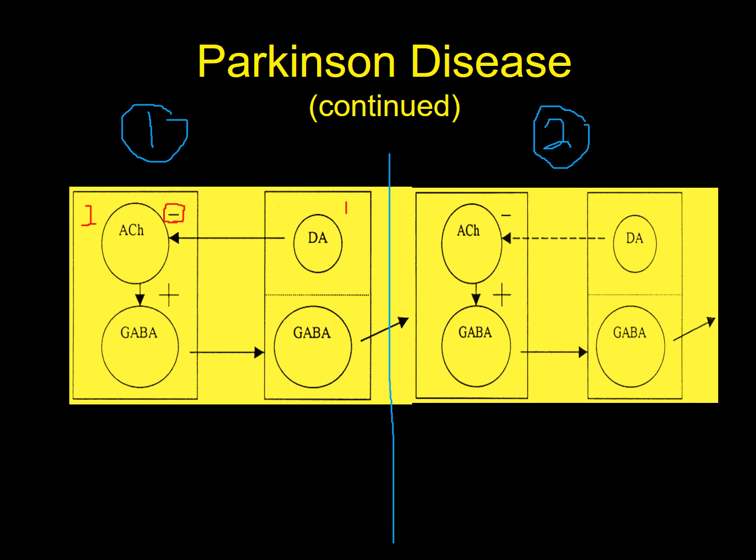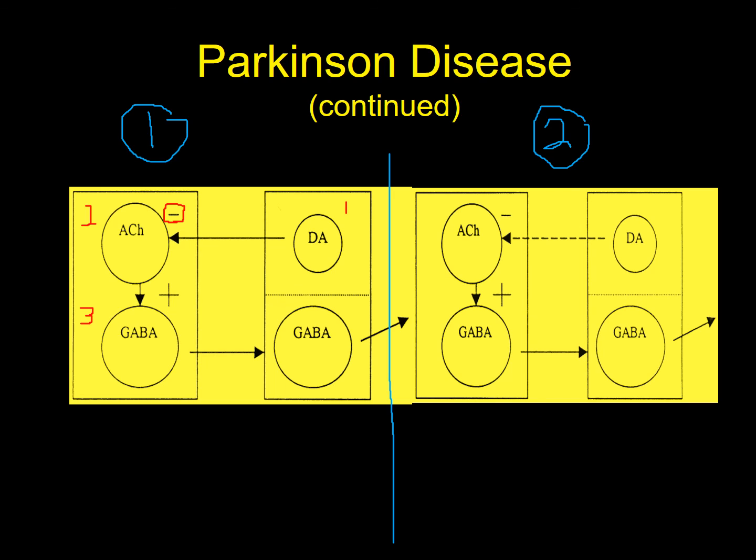Now that neuron would have released acetylcholine, except that the dopamine inhibited it from doing so. If it released acetylcholine, it would fire off acetylcholine to neuron 3.